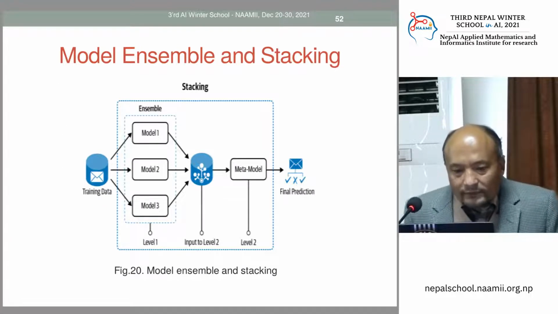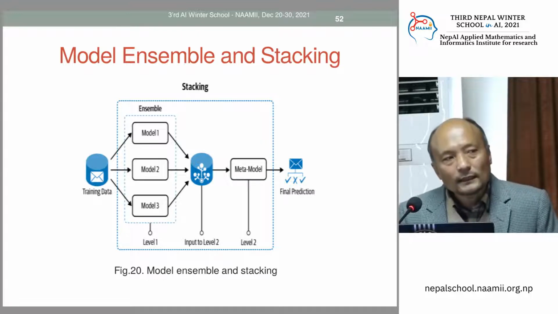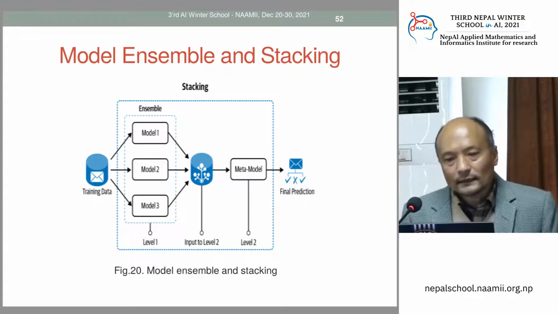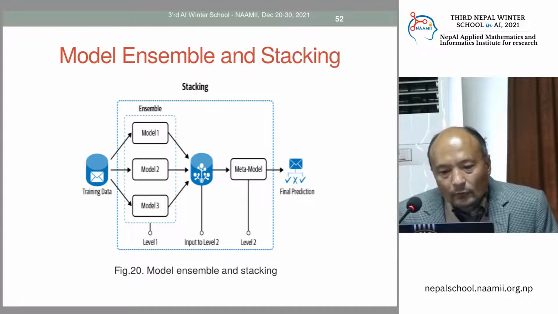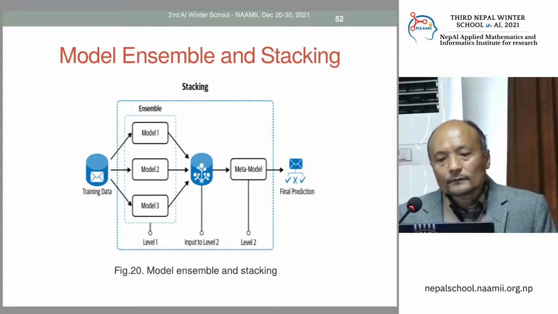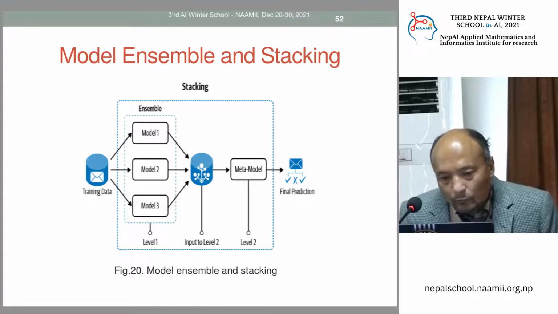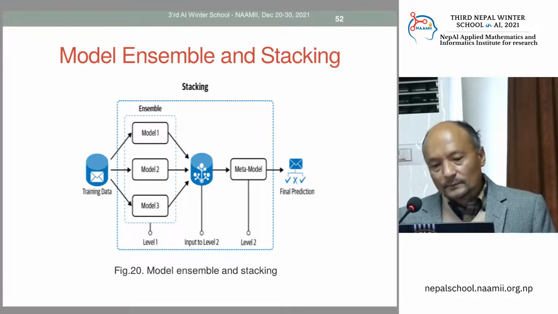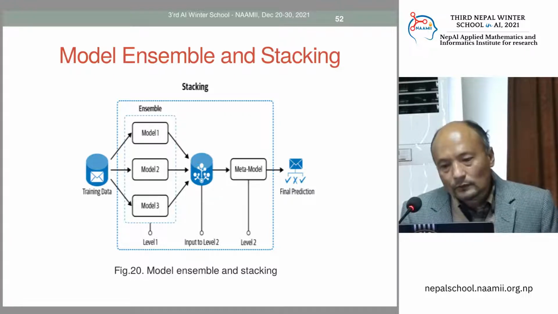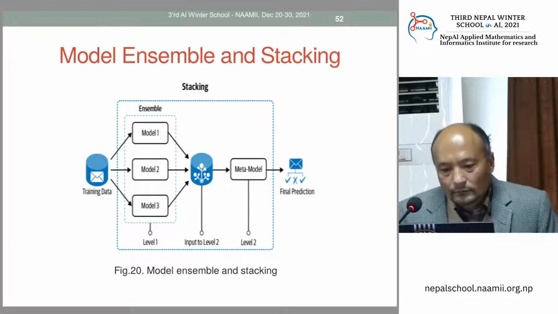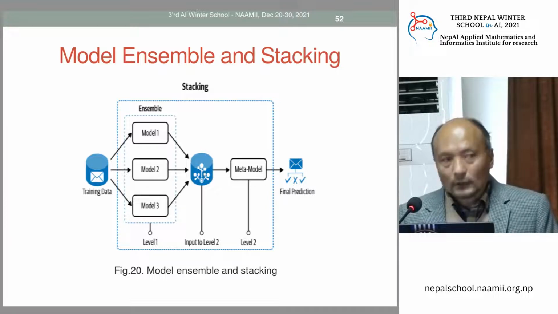So model ensemble and stacking. We have the training data in here, and we have three different models, and they have different levels of outputs. That is passed as input to level 2, and then that is passed to the meta model.